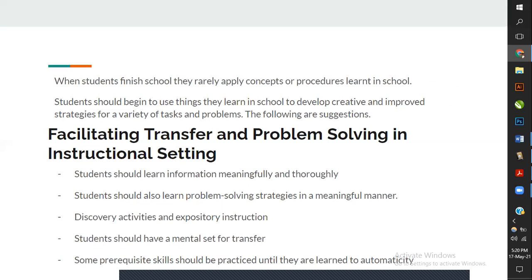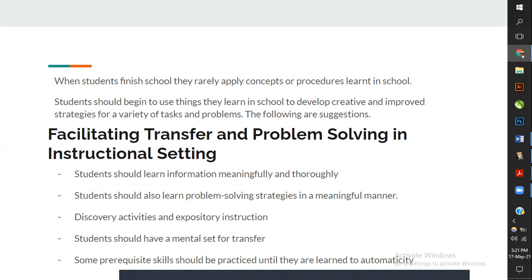Okay, students should learn information meaningfully and truly. Students should also learn problem solving strategies in a meaningful manner. Discovery activities and exploitation in instruction play key roles in the problem solving skills. Students should have a mental set of transfer.